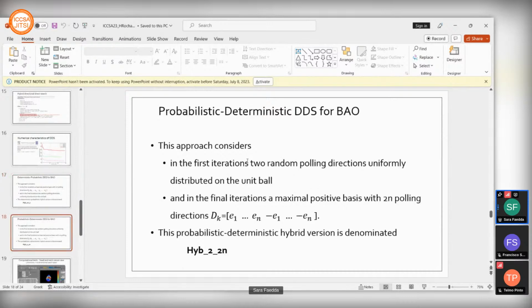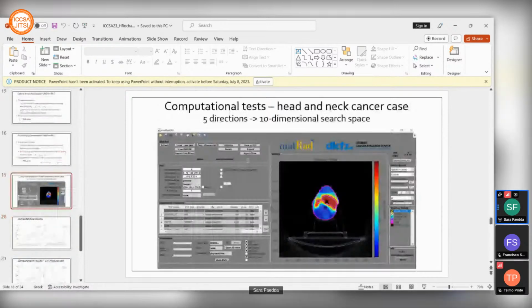So we also test this one, in a head and neck cancer case considering 5 directions. Note that these are non-coplanar directions, so each direction has two parameters, the couch and the gantry angles. So we are optimizing in a 10-dimensional search space, and we use MATRAD.